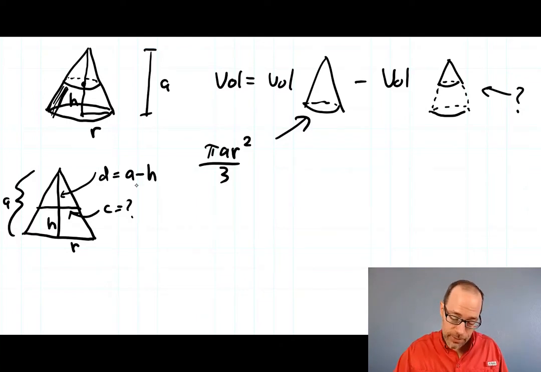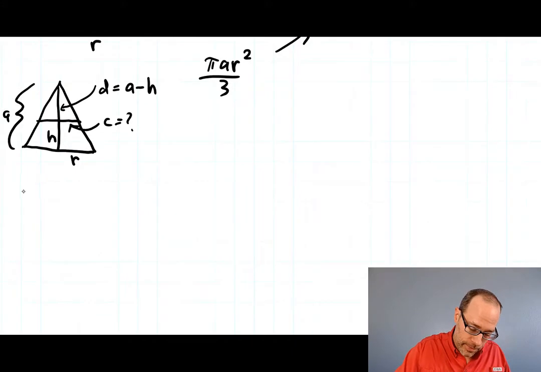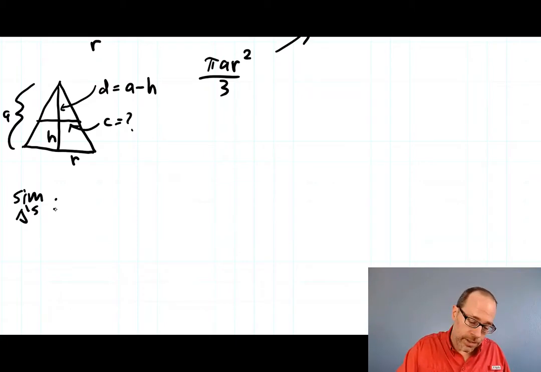And the trick for figuring out c is to use similar triangles. So similar triangles will be the small triangle up here compared to the large one. And I will compare their bases to their vertical side.